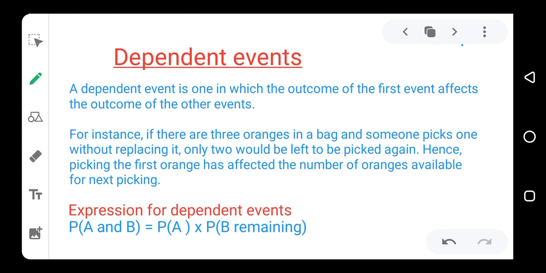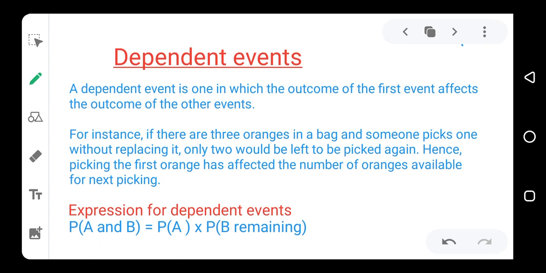This is what we call dependent event. You can now see that the orange that you gave to somebody in the first event has reduced the number of oranges you now have in the bag for the second event.